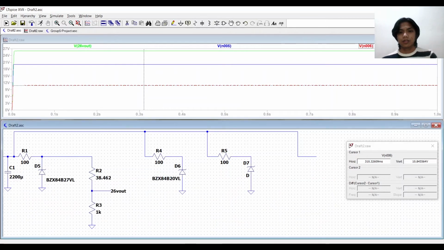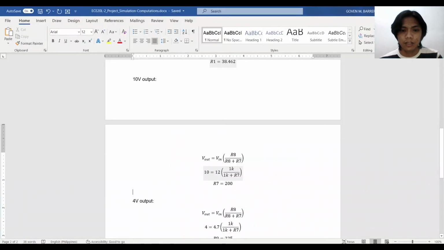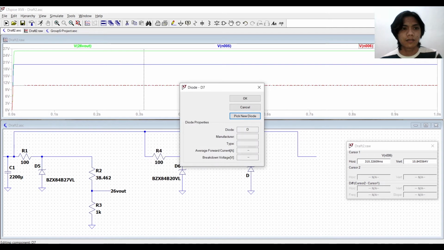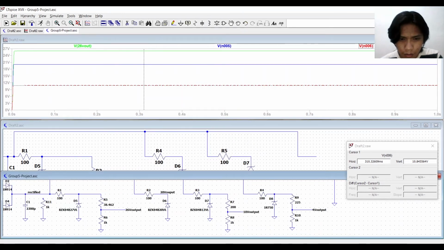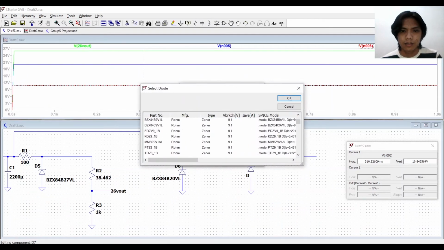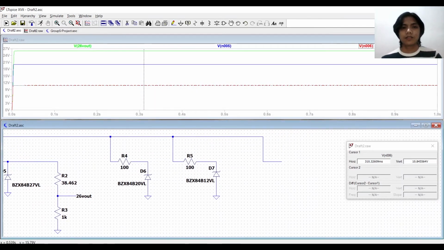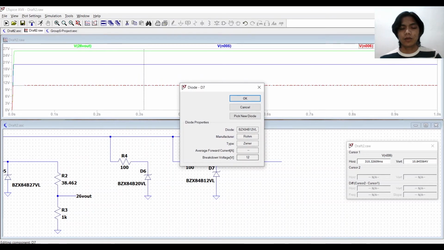So now I will just be copying the diode that we made use of. I think it was BZX84B. And so, as you have seen there, the voltage that this diode is rated for is 12 volts.